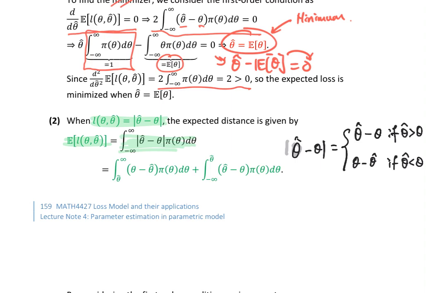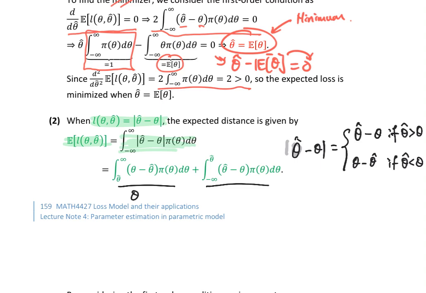This is how you deal with the absolute value. Given this, you split this integral into two parts like this. For the first part, you integrate from theta equal to theta hat up to infinity.